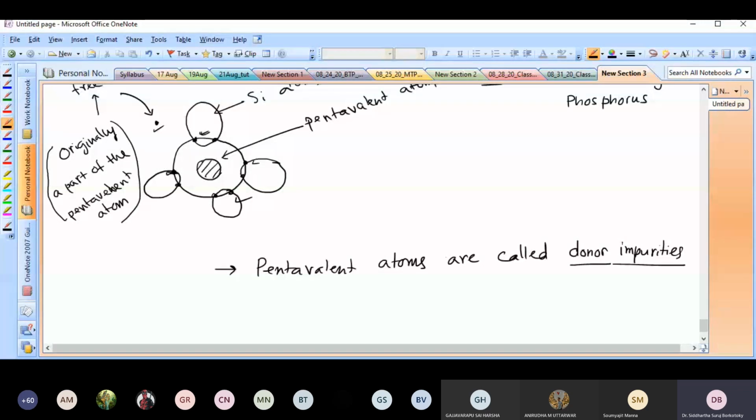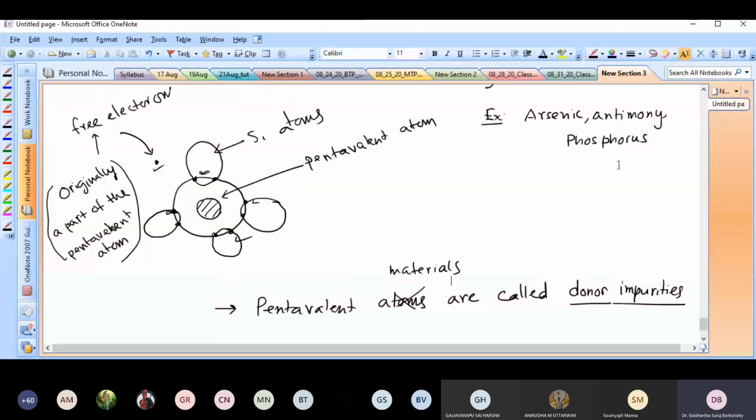Why donor? Because they donate electrons. Whenever you take a silicon crystal and add some phosphorus, arsenic or antimony, you get an excess of free electrons. This is how you create all these free electrons, by doping with a pentavalent atom.